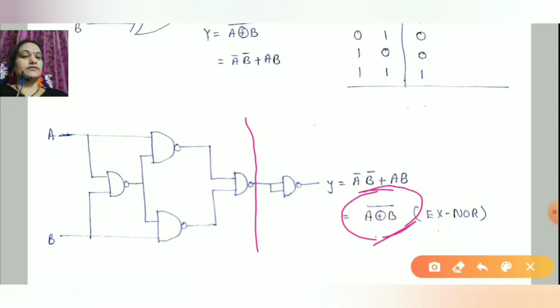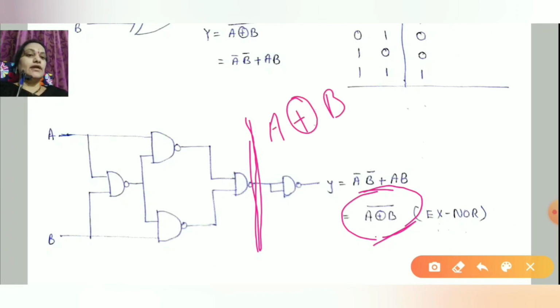You go through the fifth condition, that is NAND gate as XOR gate. We have studied the circuit up to here. So what is the output here? That is A XOR B.